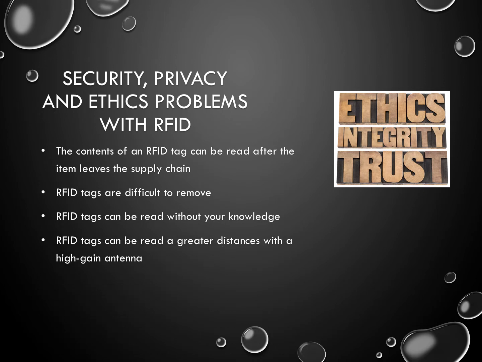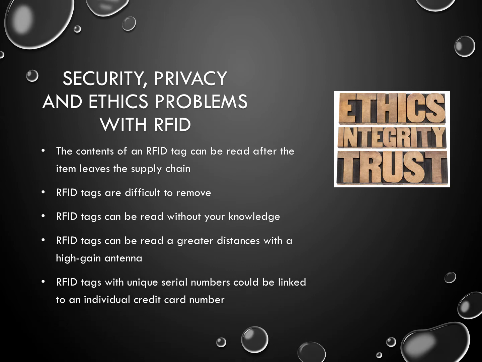RFID tag can be read from a greater distance if you're using a high gain antenna. So that means even though normally there is a range in which a tag can be read, if you're using a high gain antenna on the device, it could definitely go beyond that range.